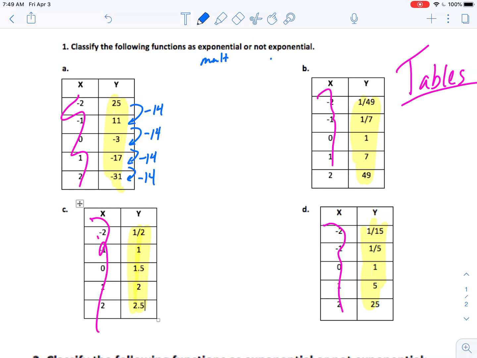And negative 17 minus 14 is negative 31. So this pattern here of subtracting 14 works. And since I'm adding or subtracting, and I'm not multiplying, this would not be an exponential function. Because again, I'm looking for multiplying by the same thing.